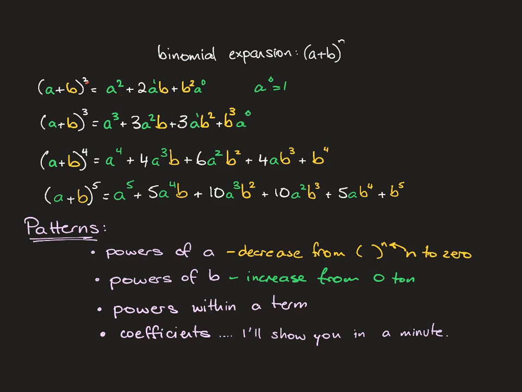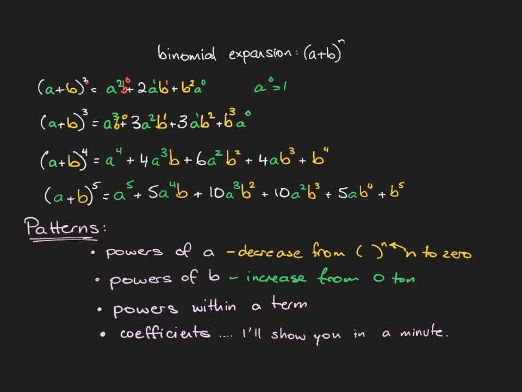We're going to squeeze in a tiny little b to the power of 0 there, and then we've got b to the power of 1, and then b to the power of 2. On our next one, where we've got to the power of 3, let's start at the other end. B to the power of 3, b to the power of 2, b by itself is to the power of 1, and so this one in here I'm going to squeeze a little b to the power of 0.